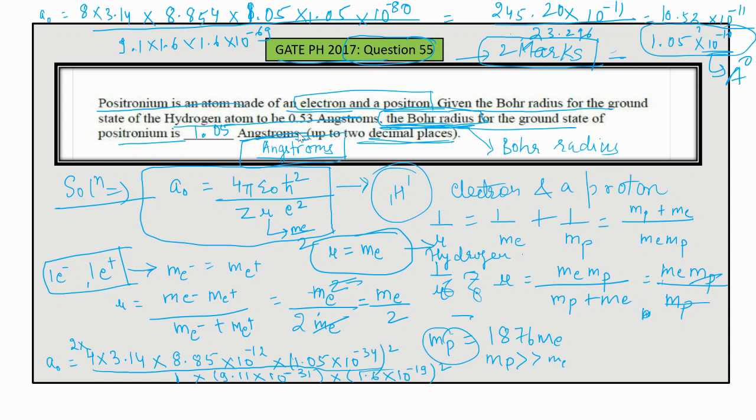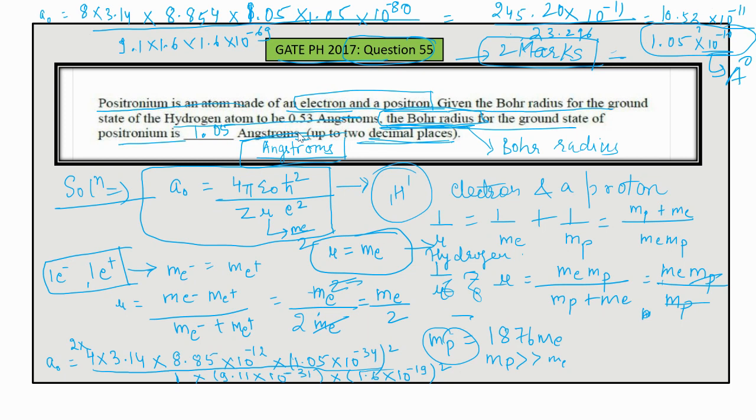See, this is a question of 2 marks, but there is a trick. It is given positronium. Suppose someone reads the question and thinks, we need to put just the m value here, because generally in the hydrogen atom, mu, the effective mass, is equal to me. So they'll make the same mistake here.